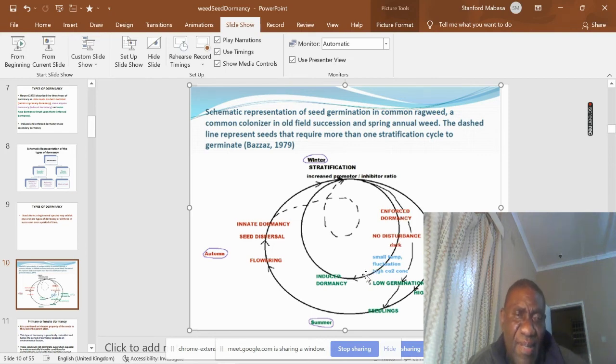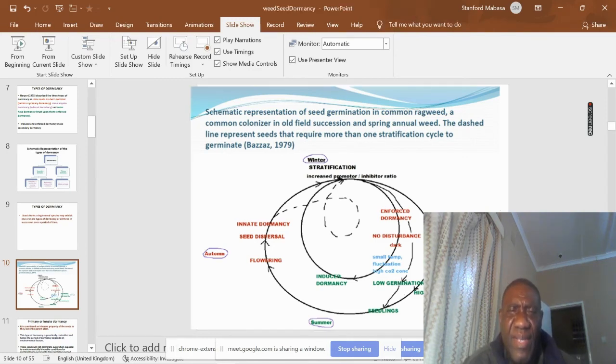Then later on, they can go into induced dormancy, and they can keep on changing status. On some occasions, they can follow this outer route or this other route. So the seeds are always changing from either innate dormancy going into enforced, then induced, and sometimes they actually go into the germination process should the conditions allow. So this is what can happen to the weed seeds.